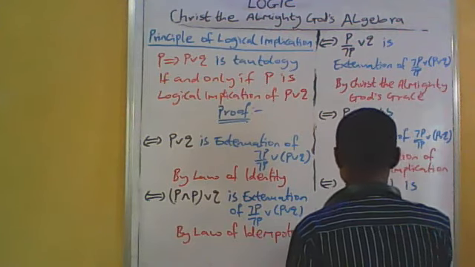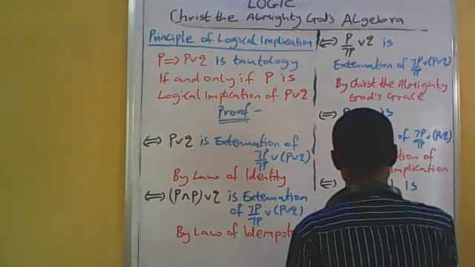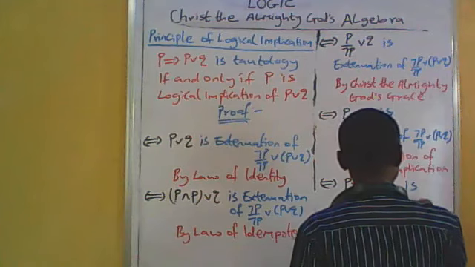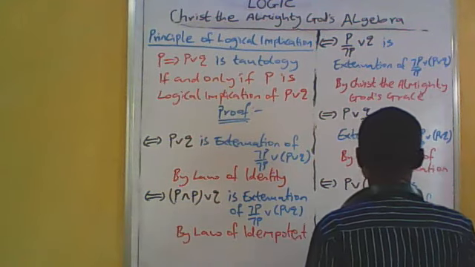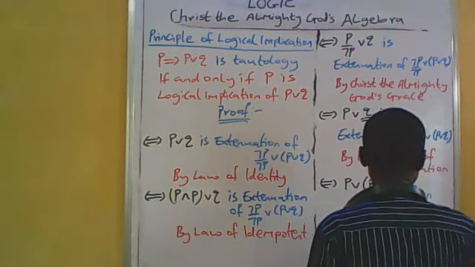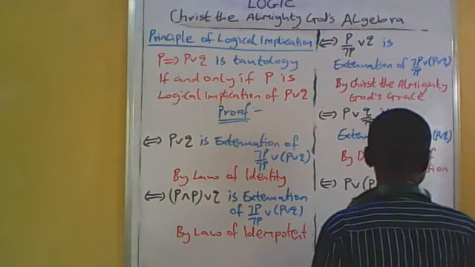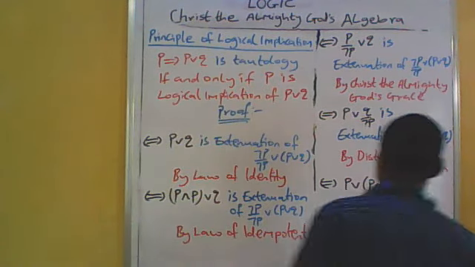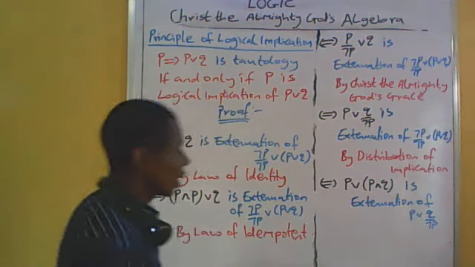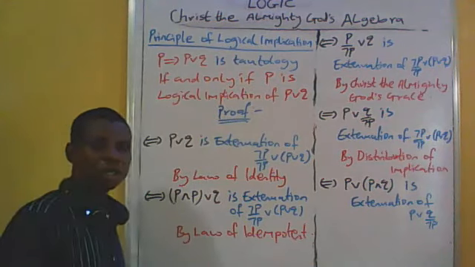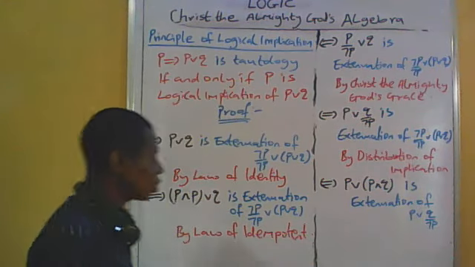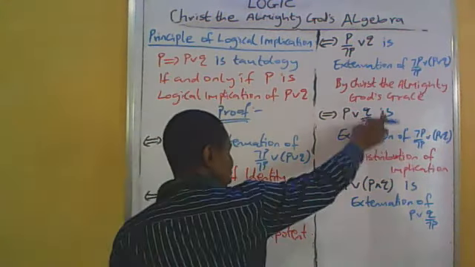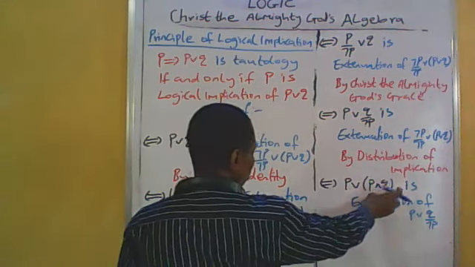Is estimation of P or bracket P or Q upon not P. Being justified by Christ Almighty God's grace. It's through Christ Almighty God's grace that we transform this conditional statement to conjunctive statement.